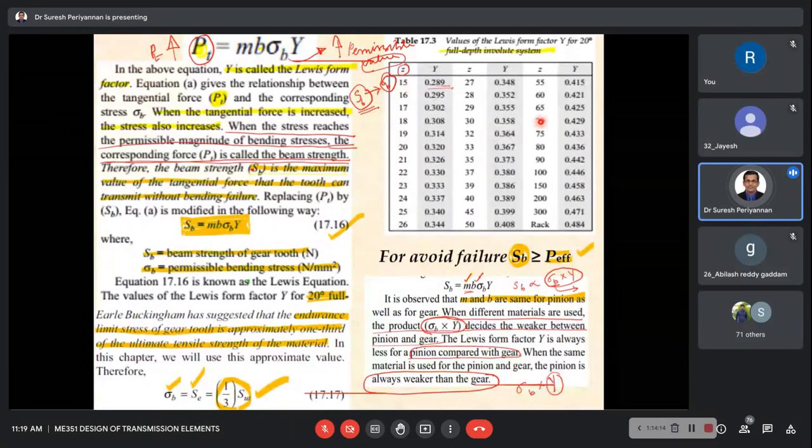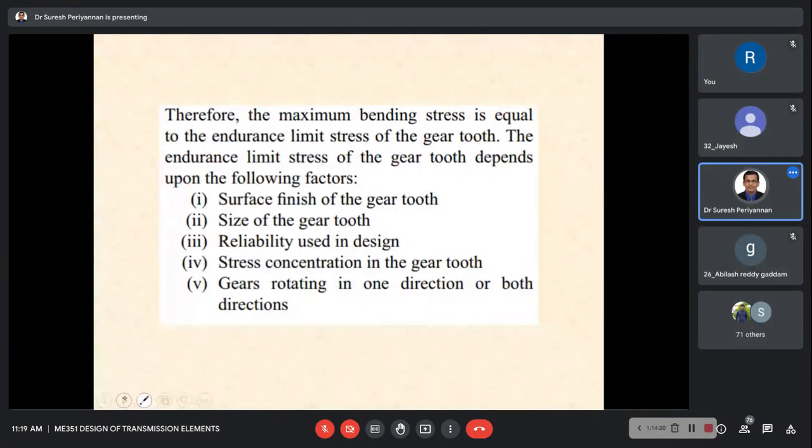This table will also be provided to you for gear problems. Now, the maximum bending stress equals the endurance limit stress, which we already discussed. What are the factors for improving the endurance limit?